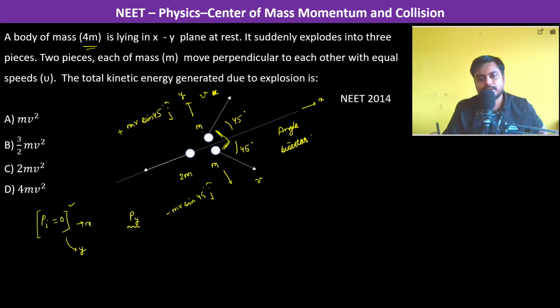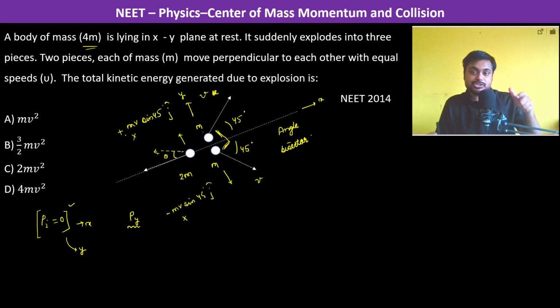Now suppose this was at any angle theta, the 2m must have a component in the y direction. But in the y direction, due to plus mv and minus mv, both of them cancel each other. So this will create an extra momentum in the y direction, which is not possible because the initial momentum in the y direction is also 0.